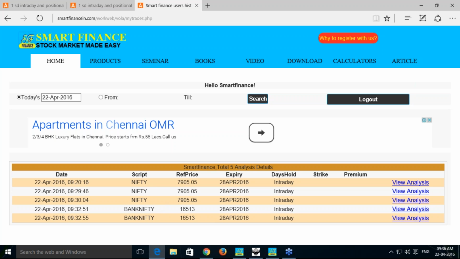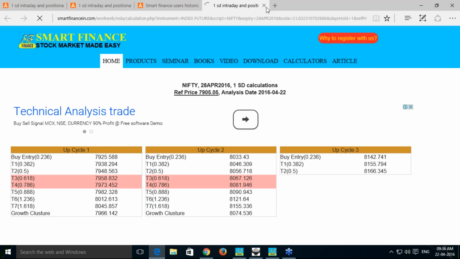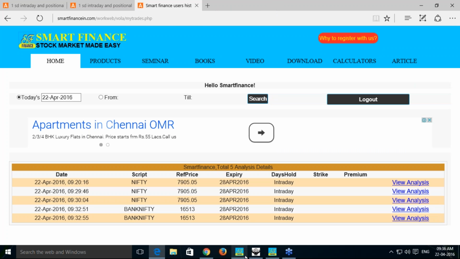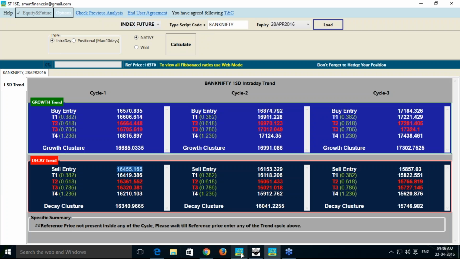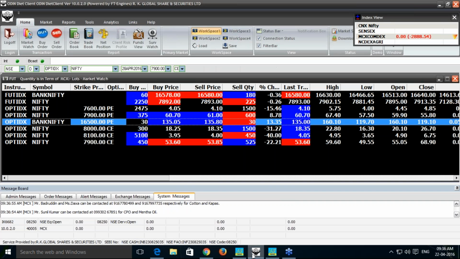Before market opens I also did this part, so it is also reflecting here. These are the prices I have taken, and you can view the analysis here. If you click, the same analysis you have done will show up here. So you can refer to your experiments using the 1SD move, or if you have already initiated specific positions, you can follow them there.